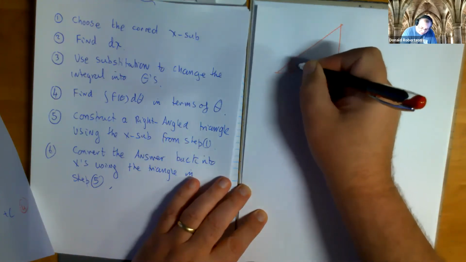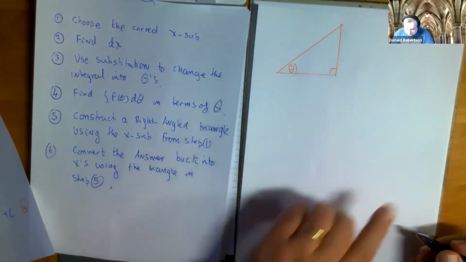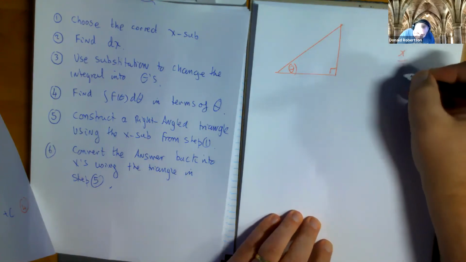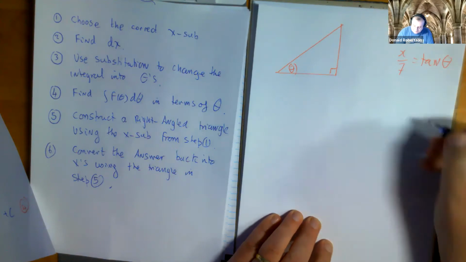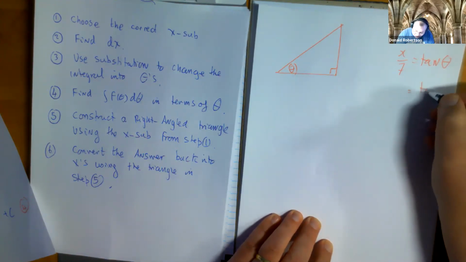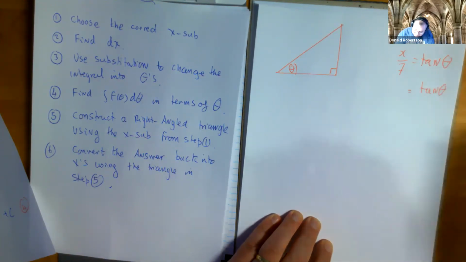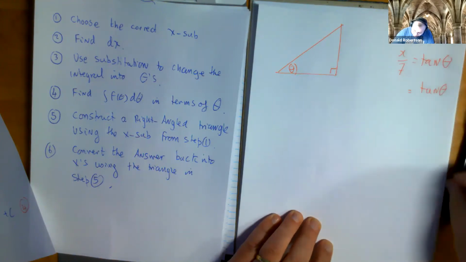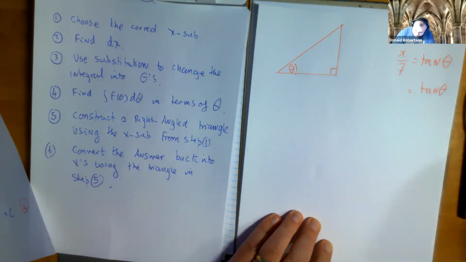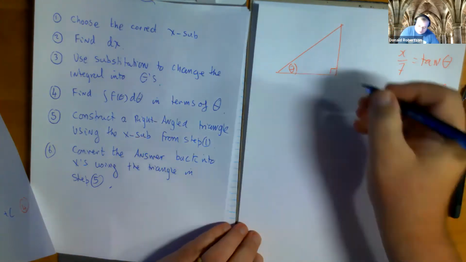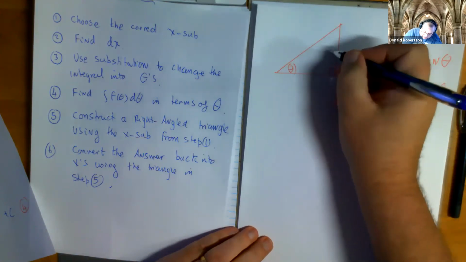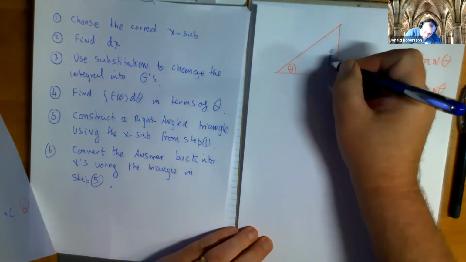You make angle theta here, and you rearrange this guy so that tangent of theta is on its own. Now, in 142 in trig, you learn a guy called SOHCAHTOA. And what SOHCAHTOA allows you to do is to find 3 trig ratios.